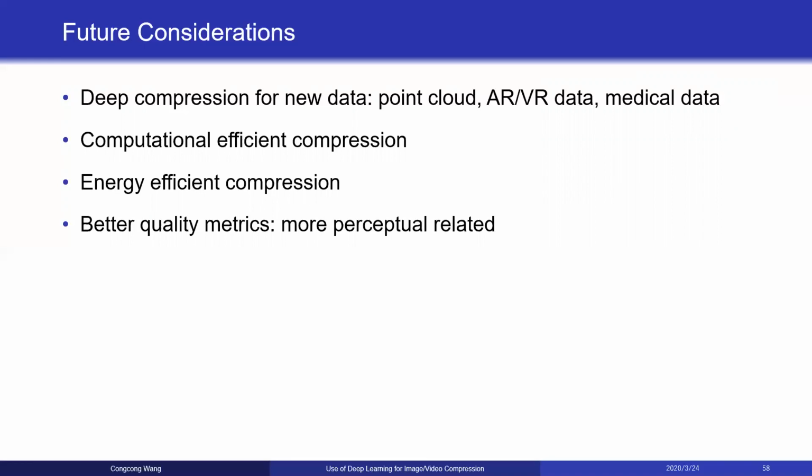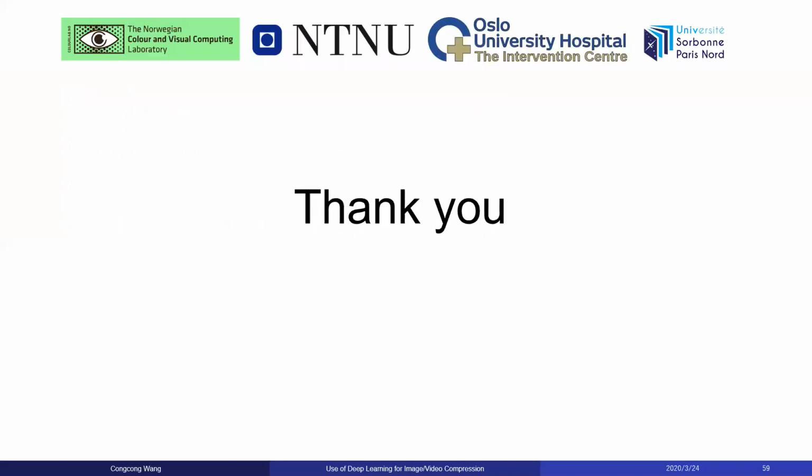For example, for longer battery usage on the user side, like mobile phones, it's quite necessary to have an energy efficient compression method. And now the image quality metrics used are mostly PSNR and SSIM. Better image quality metrics, more perceptually related or human visual system related quality metrics, are also interesting future research directions.